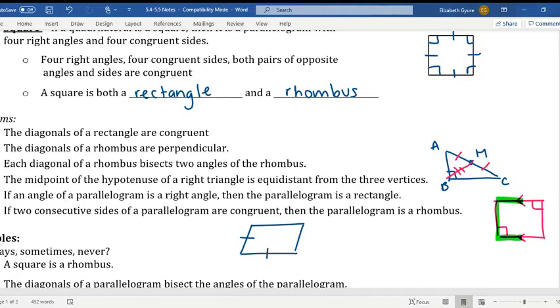For example, if this was 5 units and this is 5 units, if it's a parallelogram, don't the opposite sides also have to be congruent? Therefore, the top's going to be 5 units and the right's going to be 5 units. So those two consecutive ones being congruent implies everything's going to be congruent, implies it's going to be a rhombus. Okay.